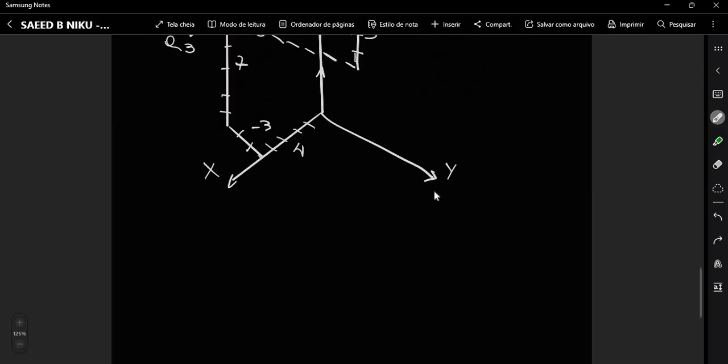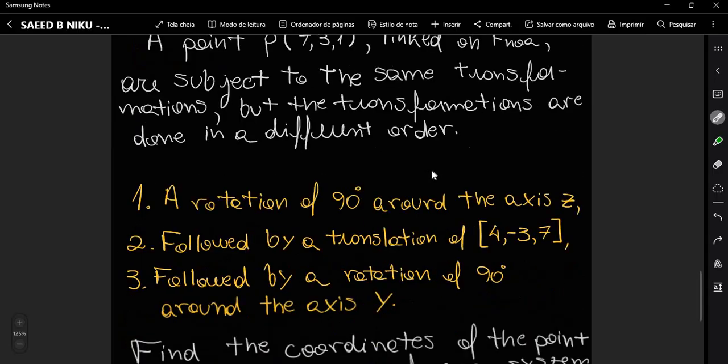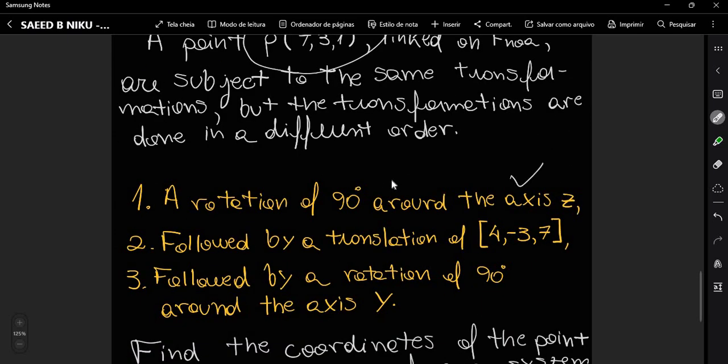I said that in this video we will solve another example, and in this example you will see that it is the same point. We are dealing with the same situation, but right now the order of the transformations will change. We are first applying a rotation of 90 degrees about the axis Z, followed by a translation.